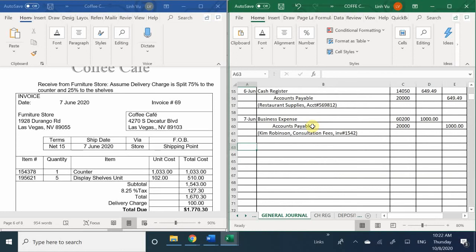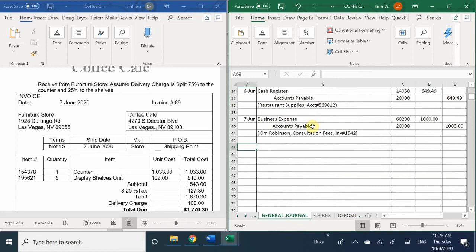Okay, so with that assumption, I'm going to distribute it as I say up here. 75% is going to go to the counter, while the remaining 25% is going to go to the shelves.